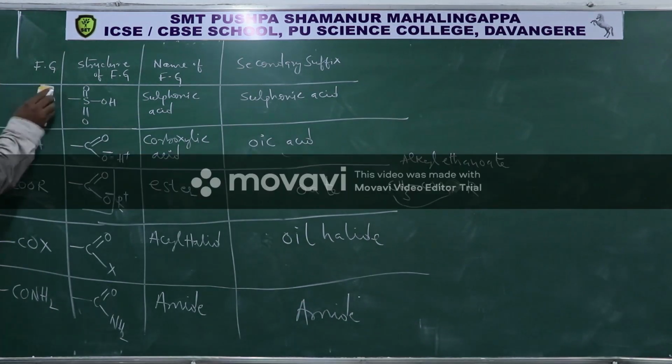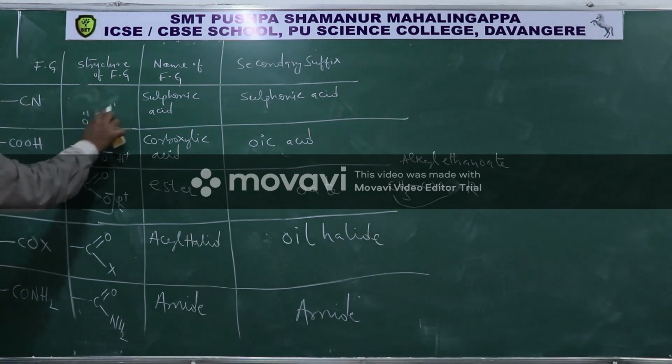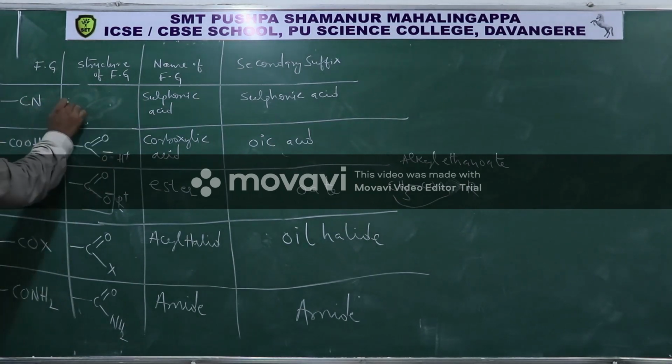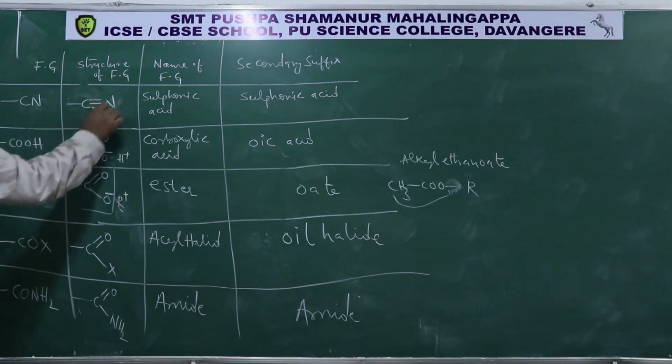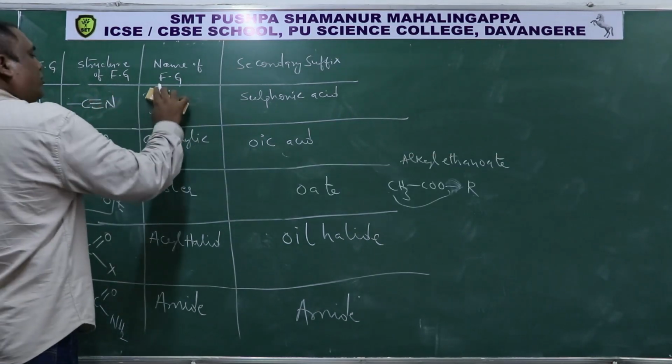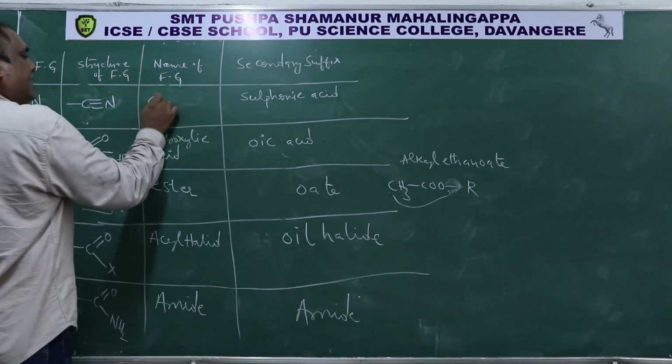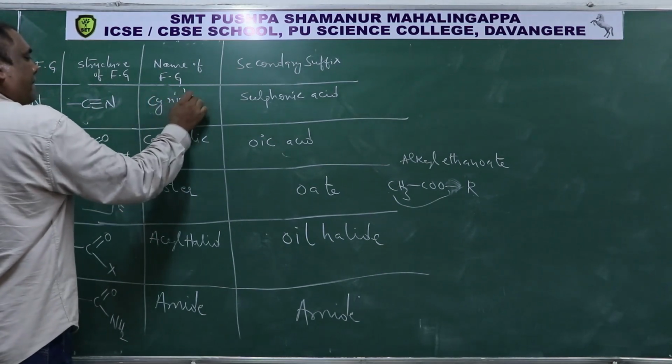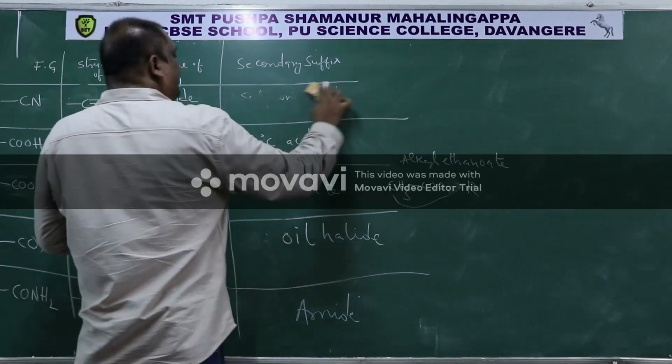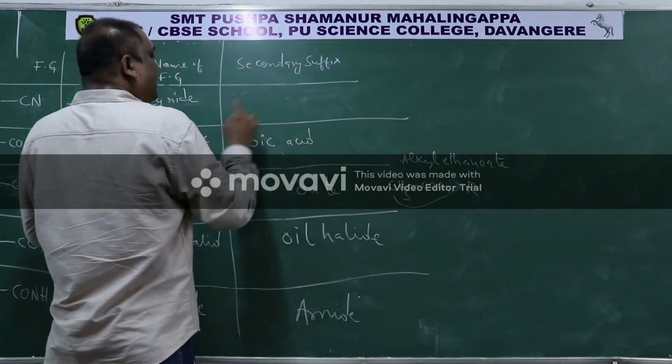Now functional group is CN. Structure is C triple bond N. Name of the functional group is cyanide.